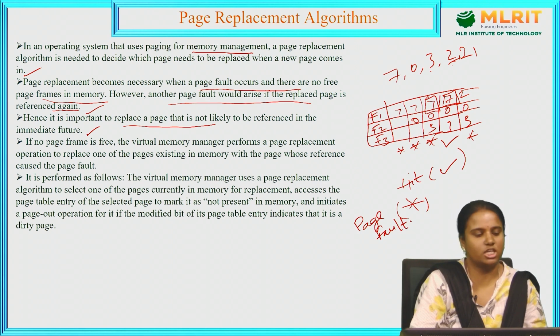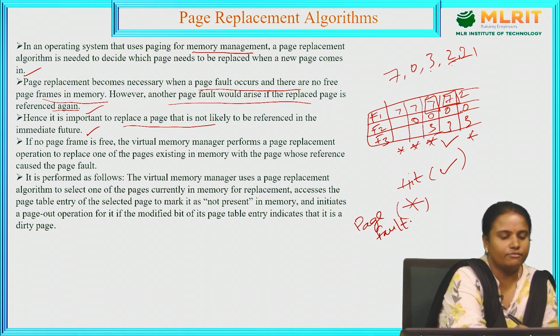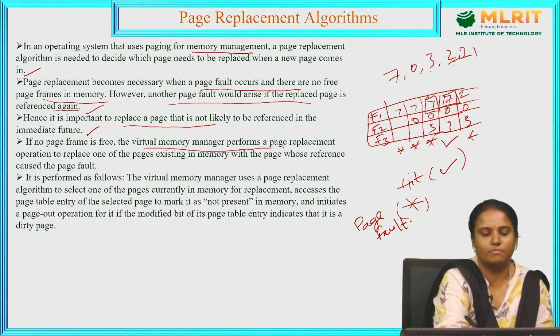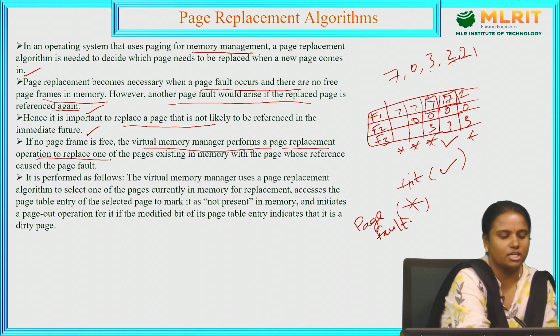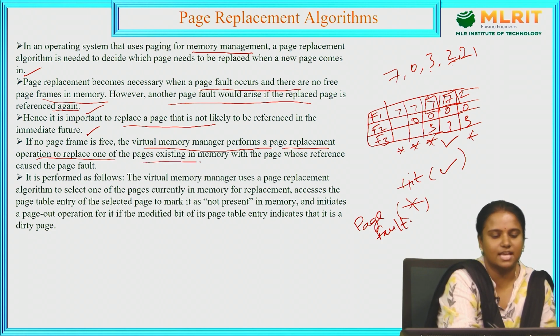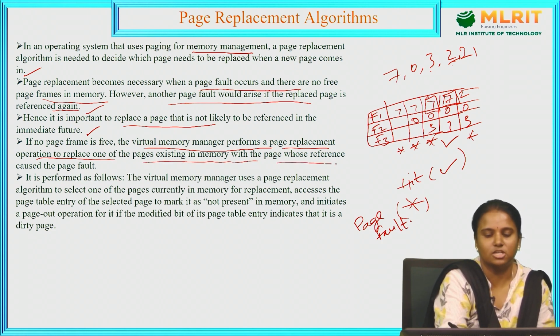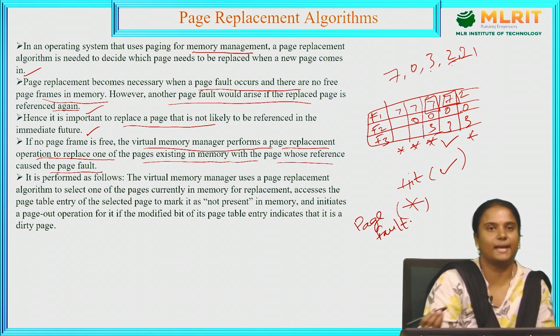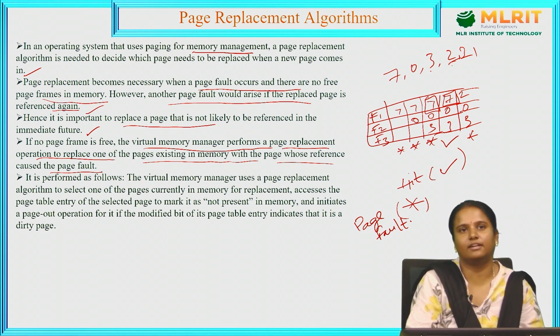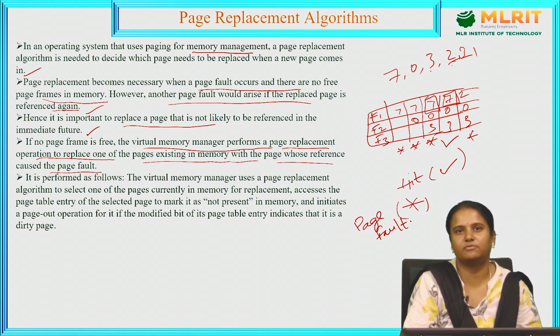If no page frame is free, the virtual memory manager performs a page replacement operation to replace one of the pages existing in memory with the page whose reference caused the page fault. As I said, when the memory is full, the page replacement operation is based on a page replacement algorithm.